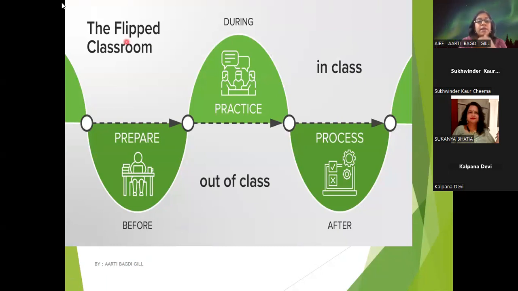Crest and throw is there. In this green part, I can see prepare. So here someone is preparing something very interesting. Now here I can see practice, where peers are doing practice, or maybe a group. I don't know what that is. And then processing is going on. That is the after one.